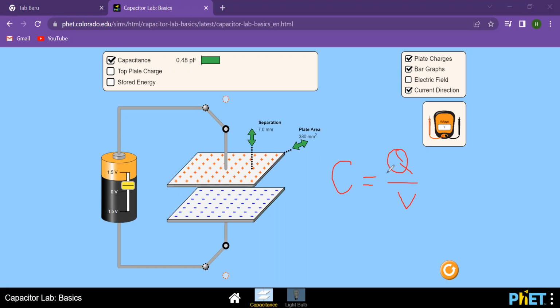The unit of capacitance is farad or picofarad or microfarad, while the unit of Q, electricity charge, is coulomb, and V is for potential difference. The unit of potential difference is volt.